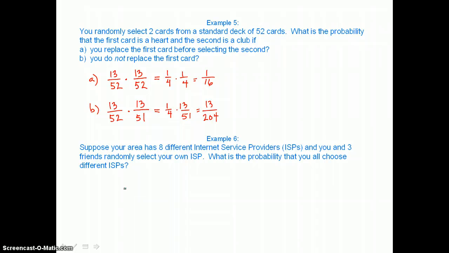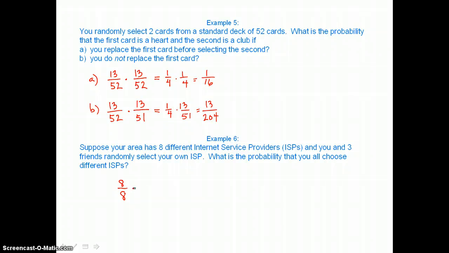In example 6, suppose your area has 8 different internet service providers and you and 3 friends randomly select your own ISP. What is the probability that you all choose different ISPs? You and 3 friends, so that's 4 total people. Now you are going to select first, and you have 8 choices from those 8 ISPs.